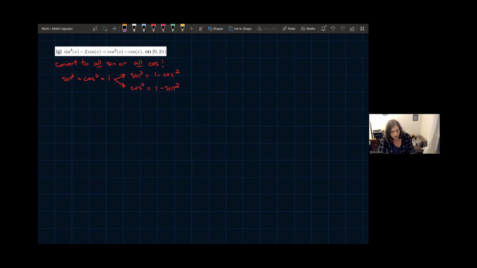It makes more sense to use this identity to get rid of the sine squared in your equation. So that's the first thing I'm going to do. Sine squared will become 1 minus cos squared, thanks to my Pythagorean identity. Everything else will stay for now. Now let me open up my bracket.